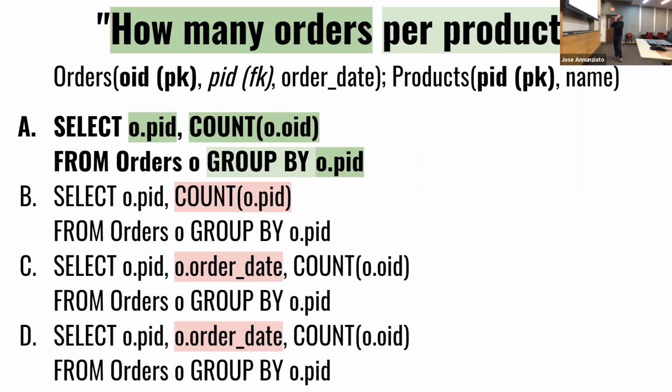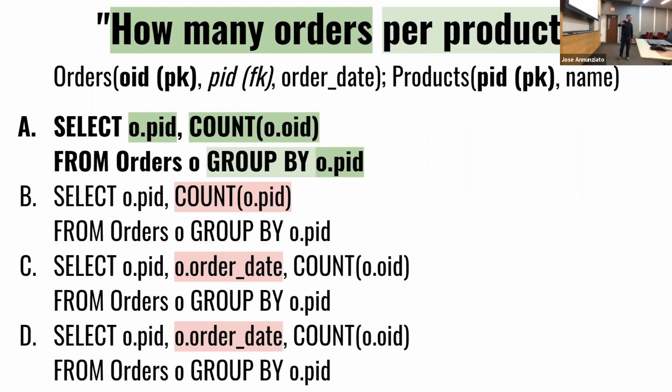Actually, what's the difference between the last two? Count. I think I meant to do a different count here. I think I meant to do a PID here, just like this one over here. This one here is counting the product ID instead of counting the order ID. But they wanted how many orders.